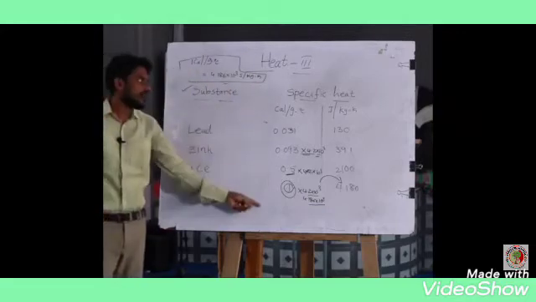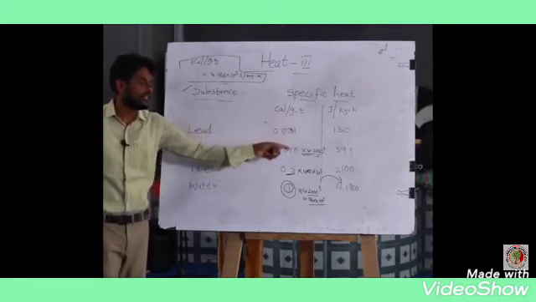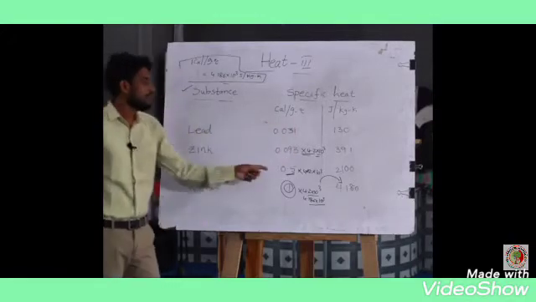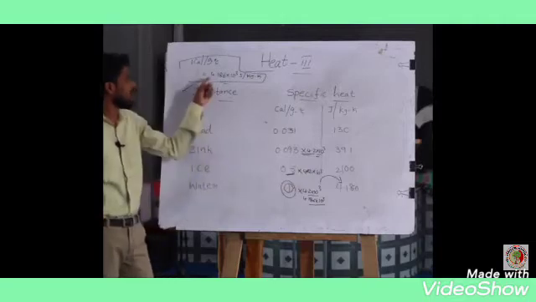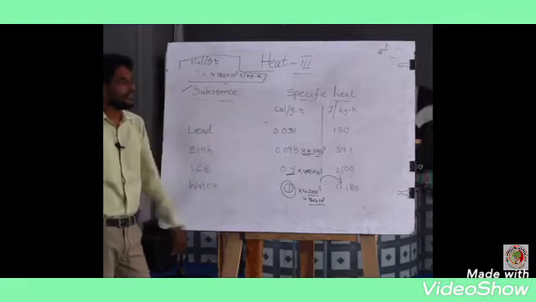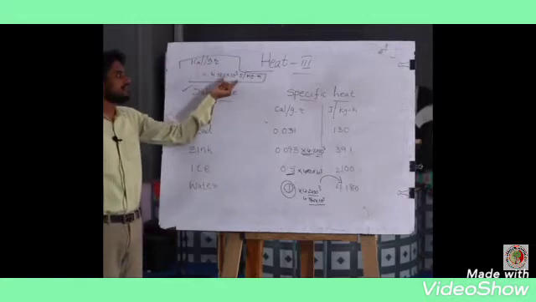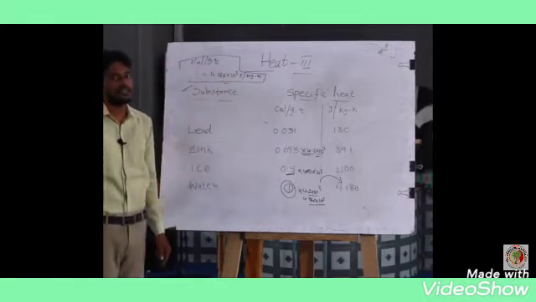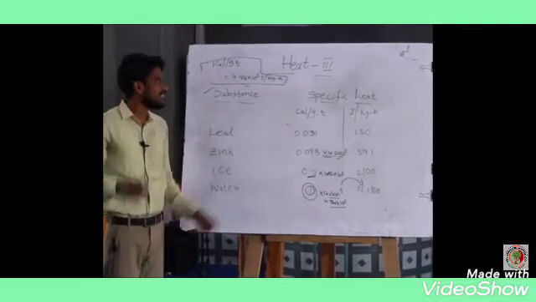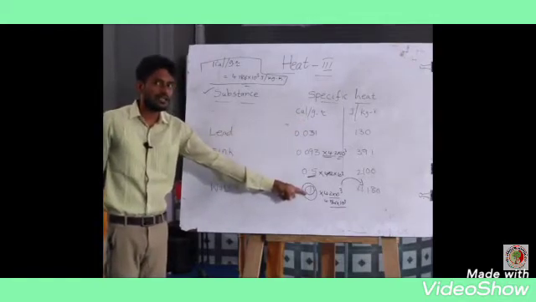These are all values in calorie per gram degree centigrade. If you want to convert into joule per kg Kelvin, you have to multiply with 4.2, or 4.186 is nothing but 4.2 into 10 to the power of 3. You can convert it to joule because this is equal to this one. Anyway, water's specific heat measured in calorie per gram degree centigrade is 1.